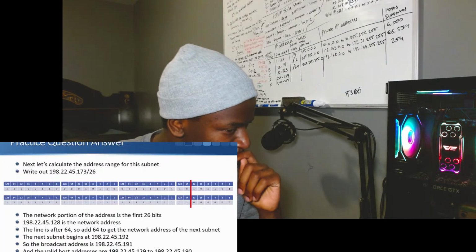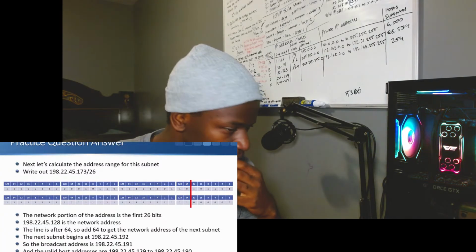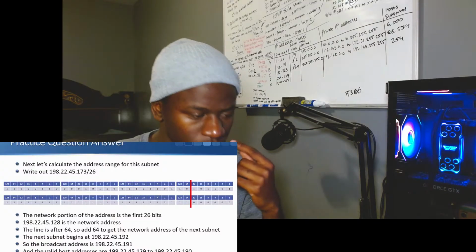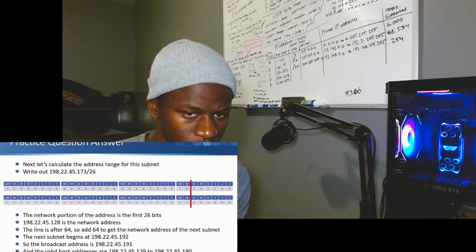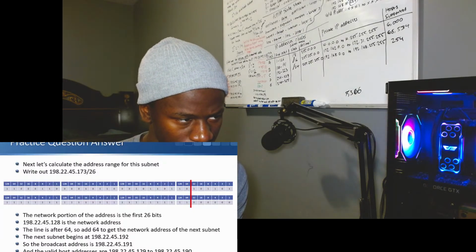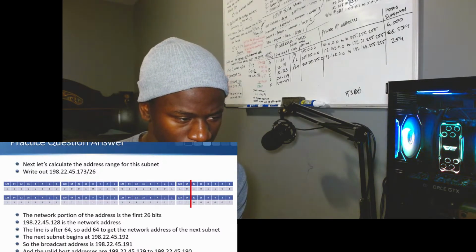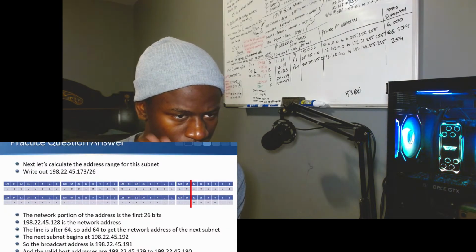Okay, so I know this is in the network 198.22.45.128. I then add on 64. I know to add on 64 because that's where the line is, and the next network address would be 192. If the next network address is 192, it must mean that the broadcast address for this subnet is one less than that.